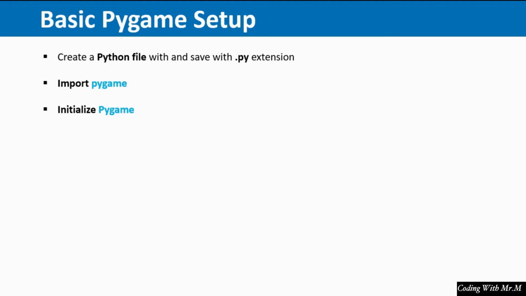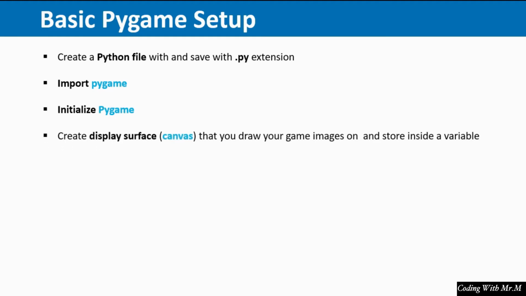After initializing your Pygame, you need to create a display surface, which is also a canvas that allows you to draw images on your canvas that you use for the game. And the canvas or the display surface is going to be stored inside a variable.